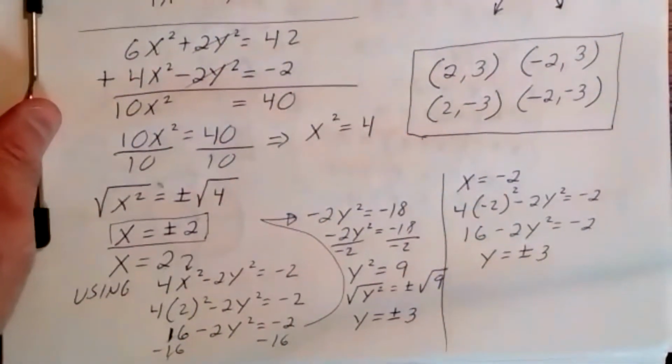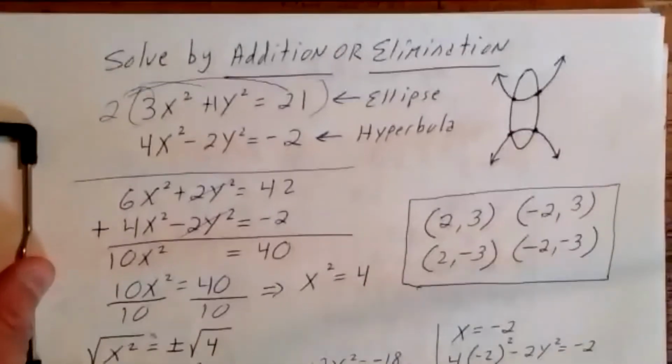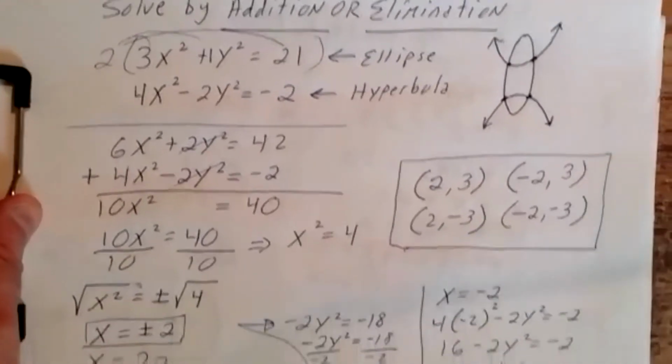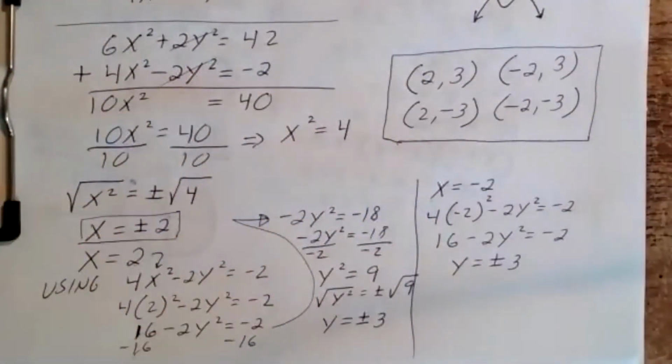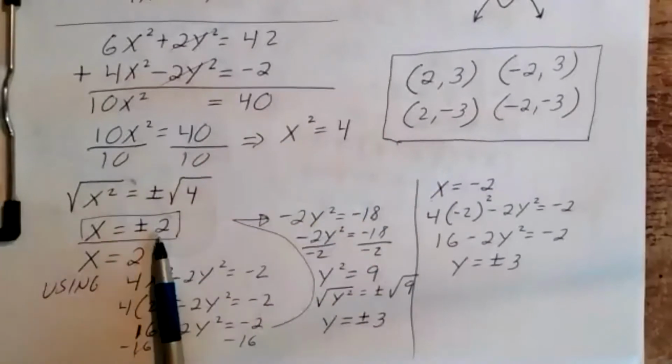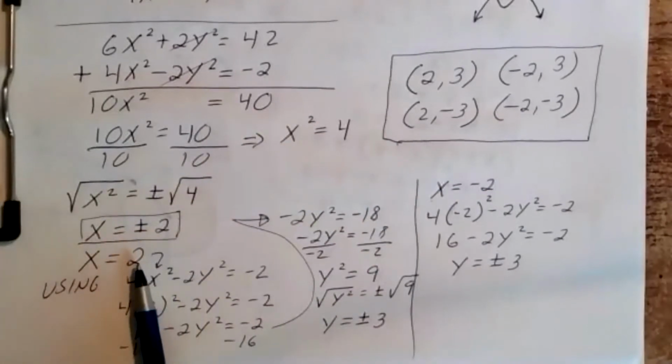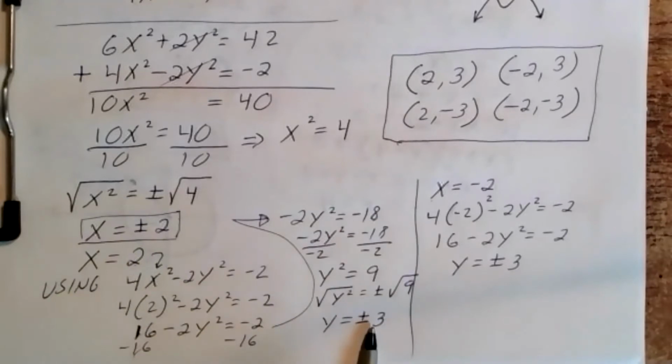Okay, don't forget to find all of your solutions. It's easy to lose things in the shuffle down here because a lot's going on. But you have to understand, x could be positive or negative 2, in which case for both cases, we spawn 2 different values for y, positive or negative 3.